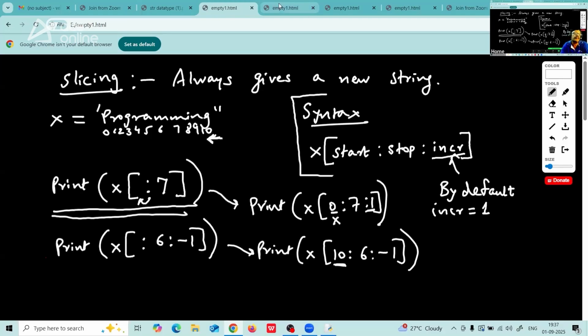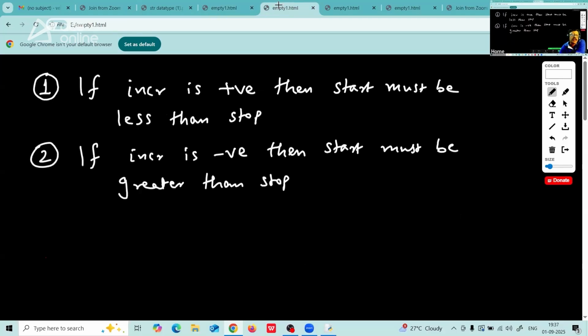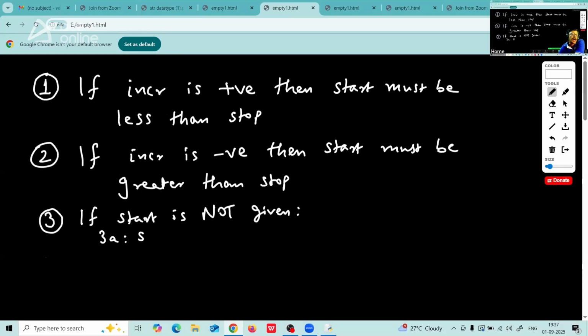So you tell me, third rule, are you understanding? Third rule. If start is not given, suppose we don't give start, then there are 2 cases. What are the cases? 3a. Start is 0 if increment is positive.